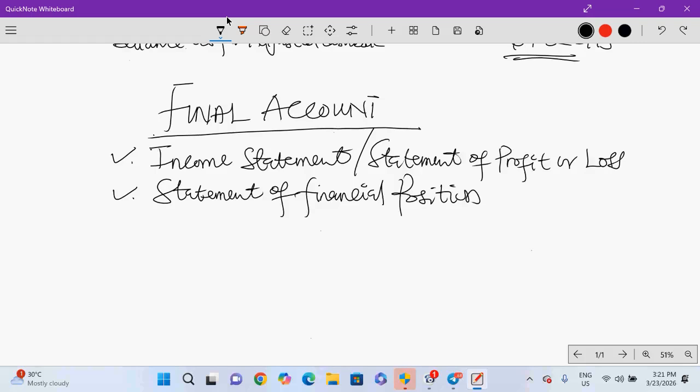These are the things that we'll be doing for this semester, or for your level, in fact, level 200, whether first semester or second semester.